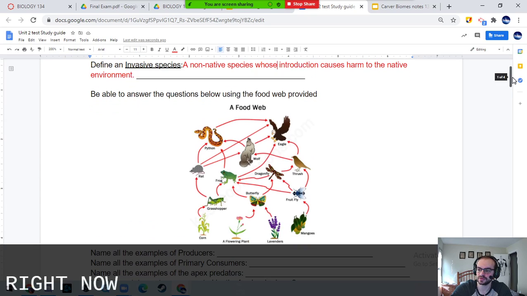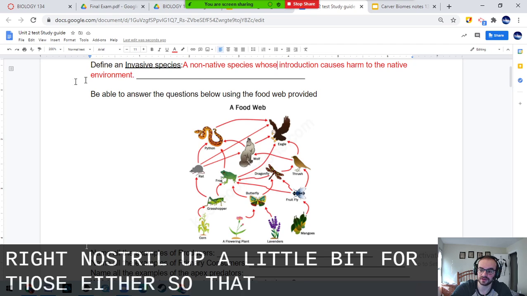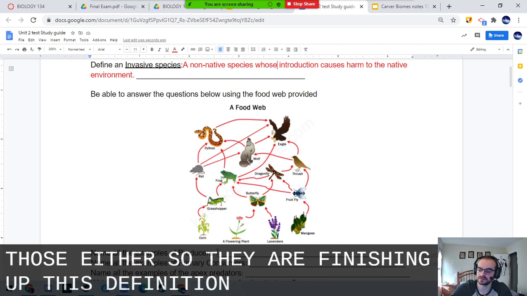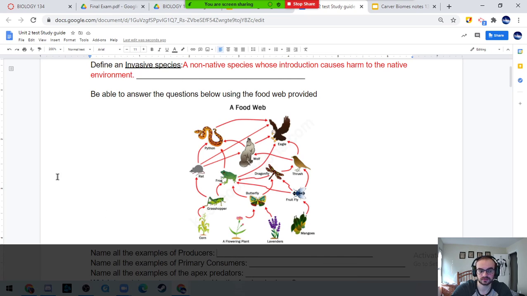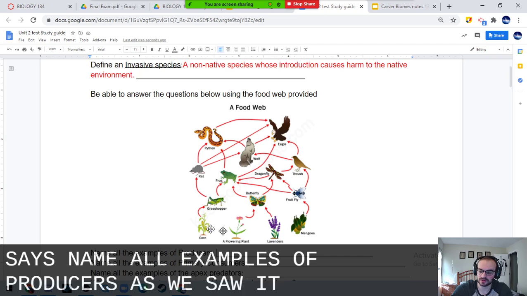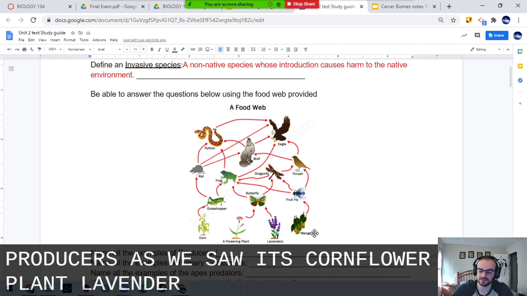Right, and I'll scroll up a little bit for those of you that are finishing up this definition. All right. It says name all examples of producers. As we saw, it's corn, flowering plants, lavenders, and mangoes.